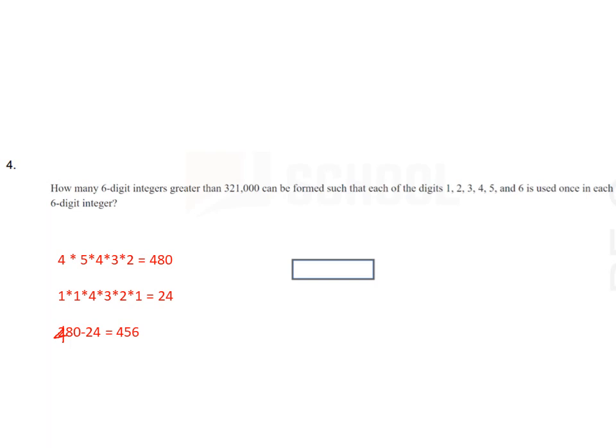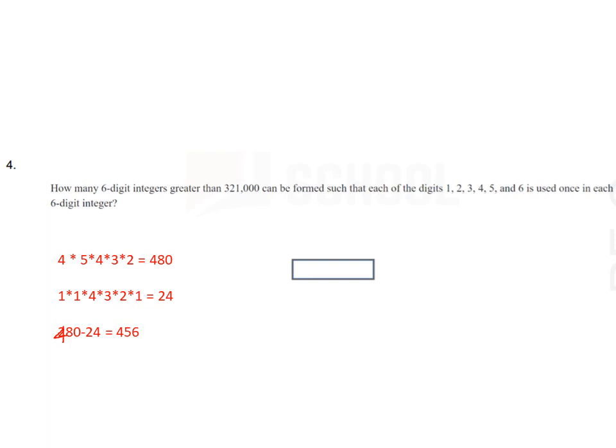For the place given to digit 2, we can use 5 integers except 1: we can use 2, 3, 4, 5, 6. So there are 5 integers. And for the others, we are using 5 factorial. So 5, 4, 3, 2 multiplied by 1 equals 480.